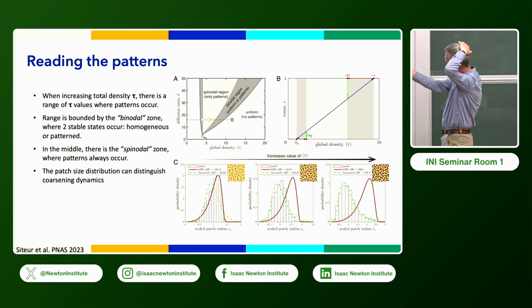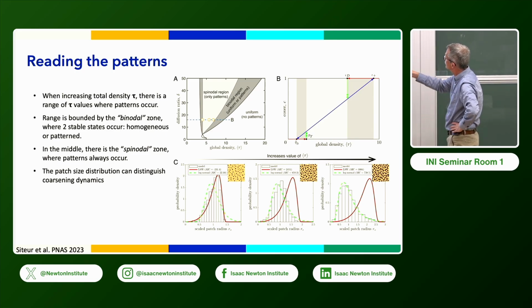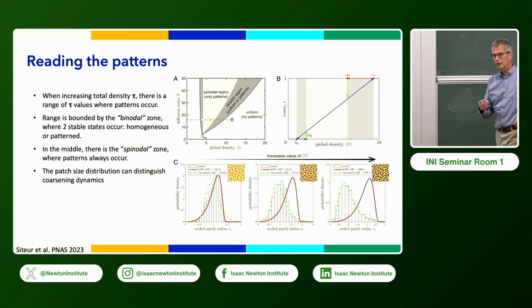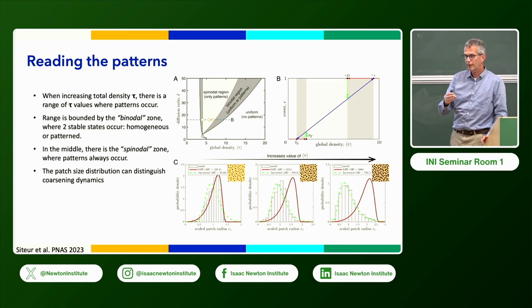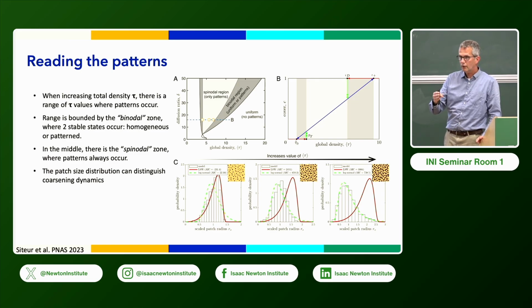But you get basically a gradient from when you have a small tau, global density, where the distribution of patches, which is these bars, is closer to what's predicted by the Lipschitz-Wagner law, while if you move into the direction of B, as you can see there, it starts to be closer to the log normal distribution. And this log normal distribution basically follows the scale.